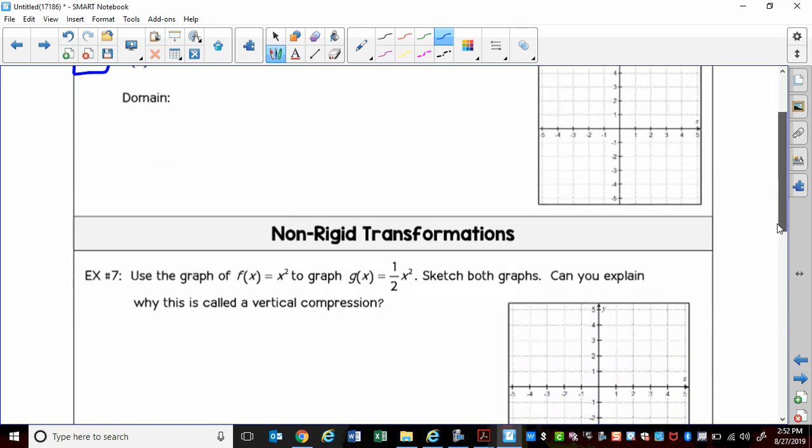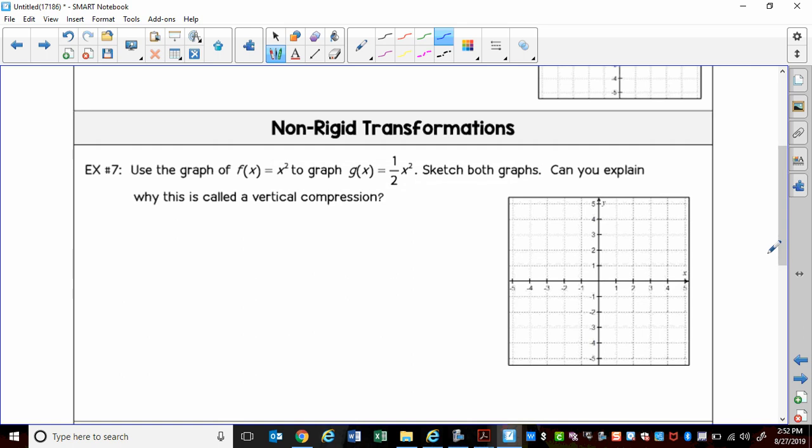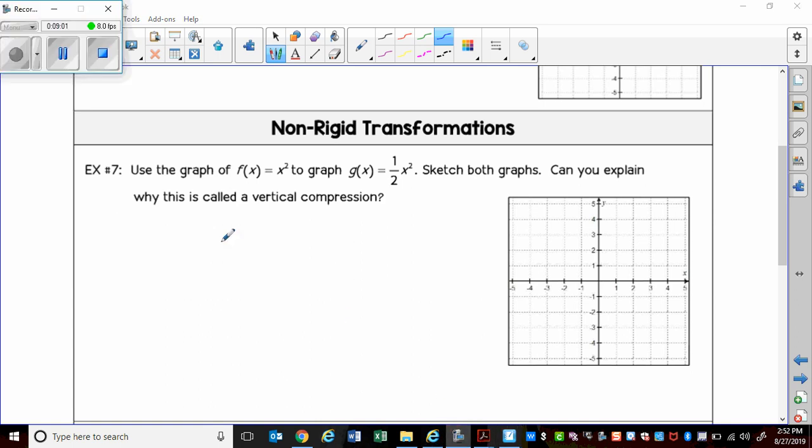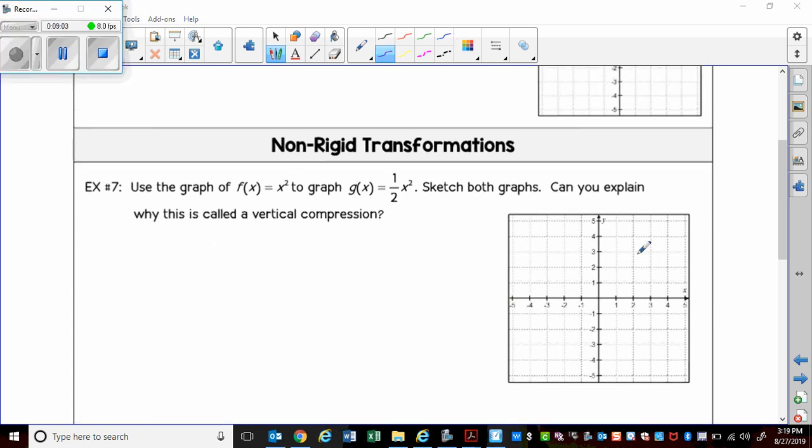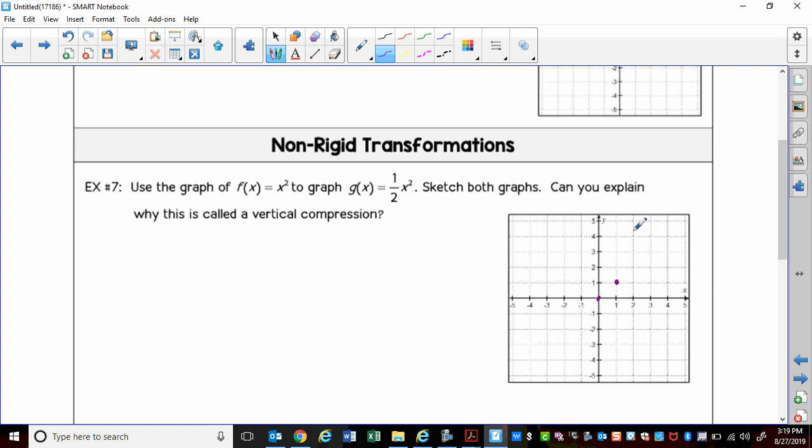A non-rigid transformation. Let's try one of these. So in this one, f of x equals x squared looks like this. 2 squared is 4. -2 squared is still 4.